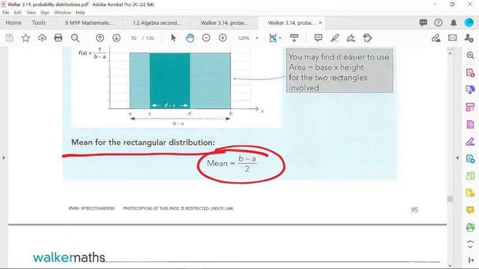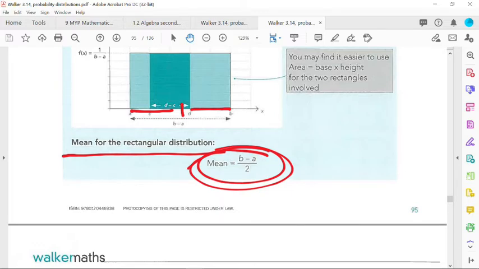In other words, the mean is simply the point halfway between. To find halfway, you just take the number and divide it by 2. So the mean of any of these, because they're exactly the same all the way across, is just the middle number.